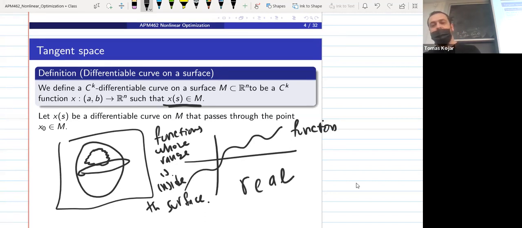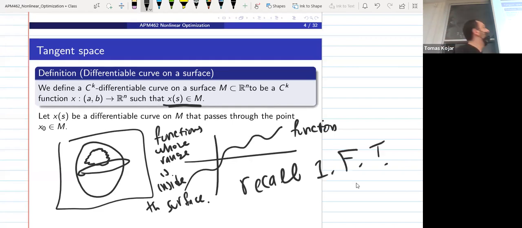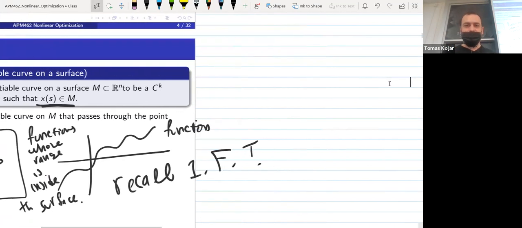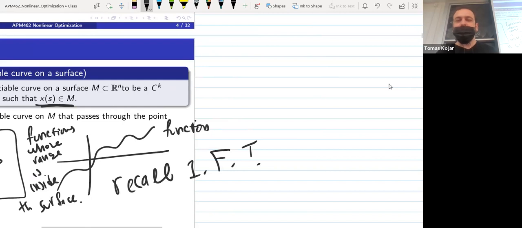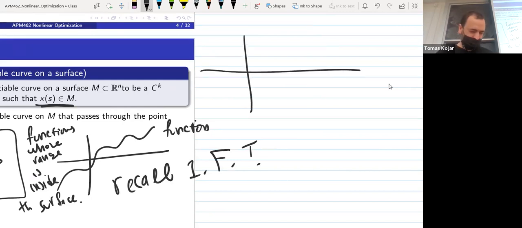Recall the implicit function theorem. In the implicit function theorem, we gave you some graph and we asked you to find a graph within the graph. Remember? So here's an example, a stupid example. I need something that's not a function, like this.